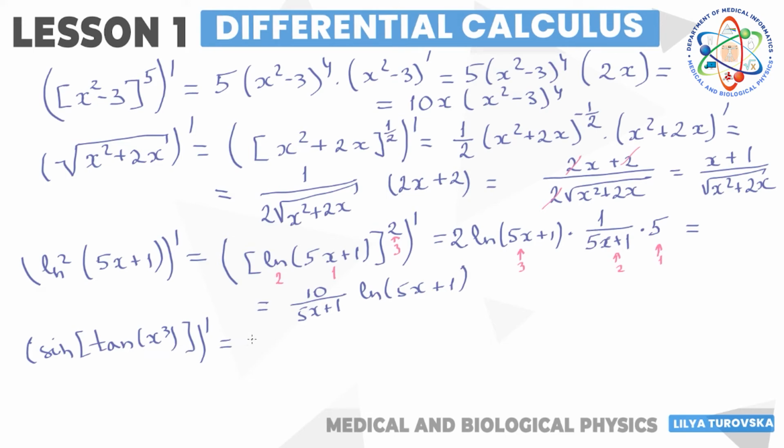Step by step, the derivative of sine is cosine, with the same argument, the same angle. Then multiply by the derivative of tangent. The derivative of tangent is 1 divided by cosine squared of the same argument, and multiply by the derivative of the inside function, which is 3x squared.